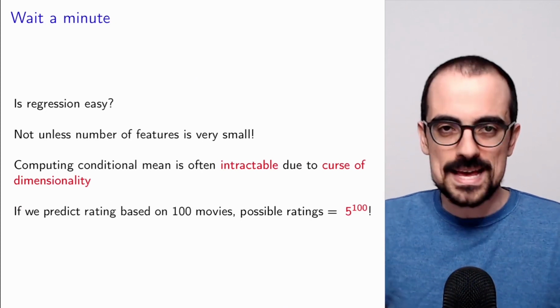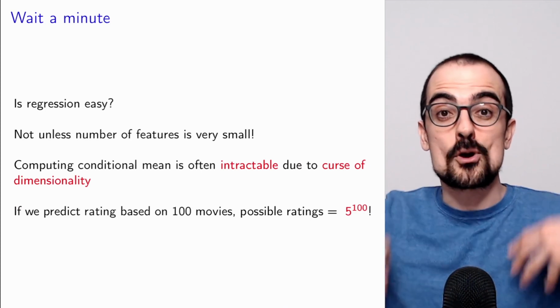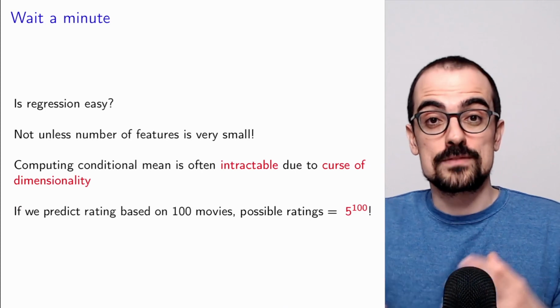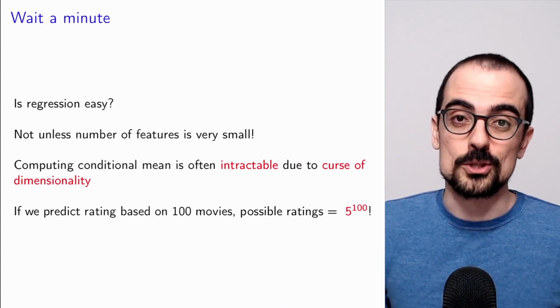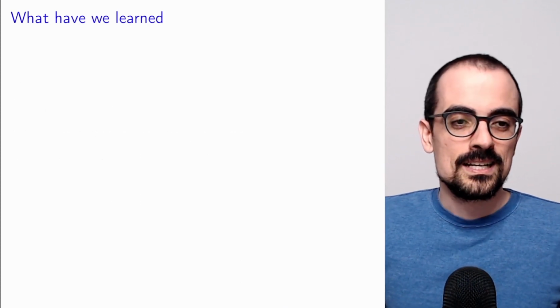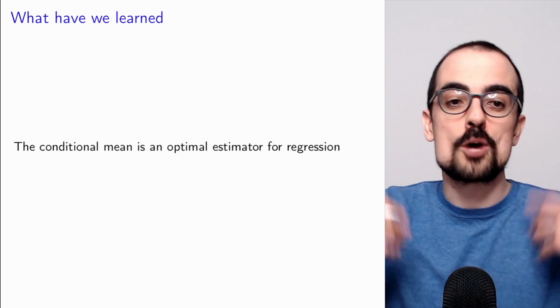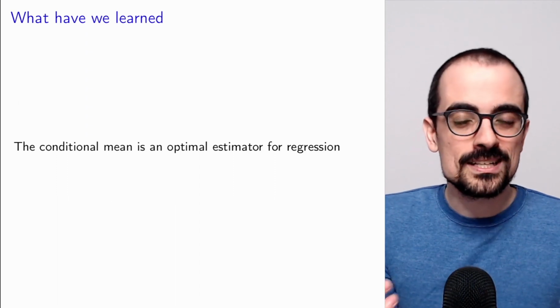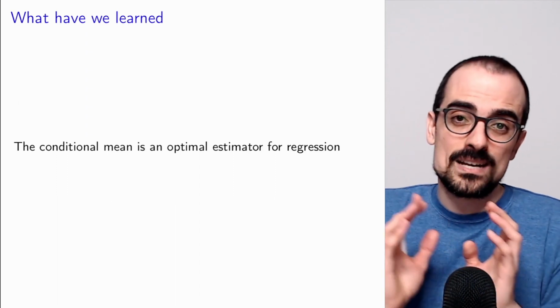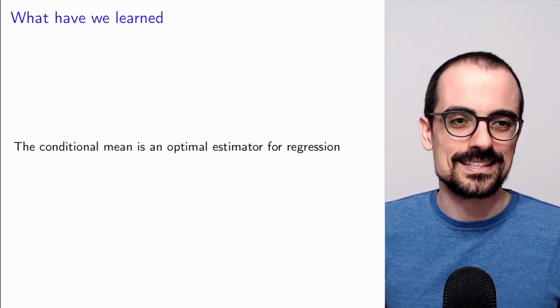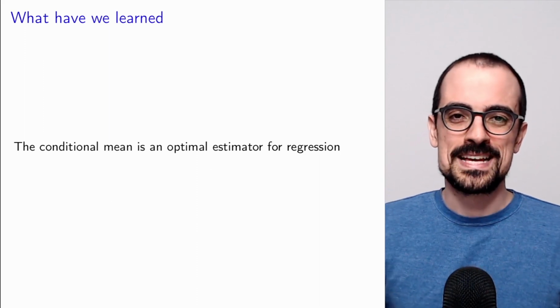So many methods in machine learning try to approximate the conditional mean in this situation where, because of the curse of dimensionality, you cannot compute it exactly. All right, and that's all I got. What have we learned? We have learned that the conditional mean is an optimal estimator for regression, and we have also learned that when you have many features, it may not be possible to calculate it, so it's not all good news. Thank you very much.